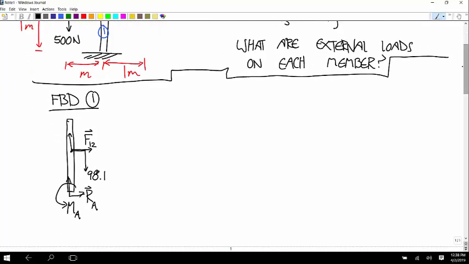And then up at the top, there's contact with member 3. So that's the force on 1 by 3. Any questions about that?